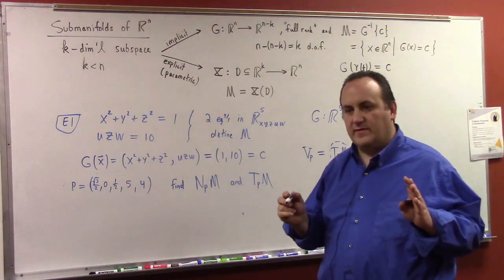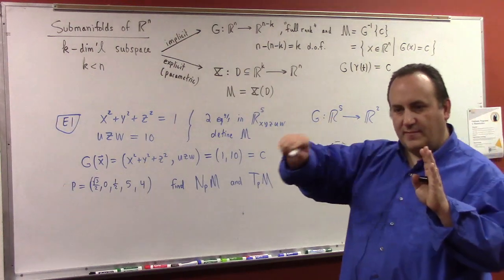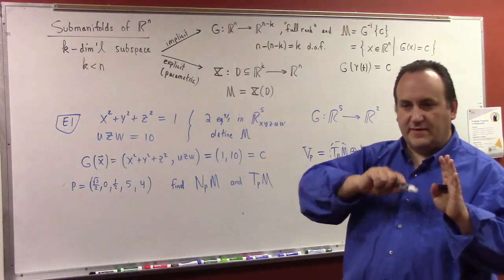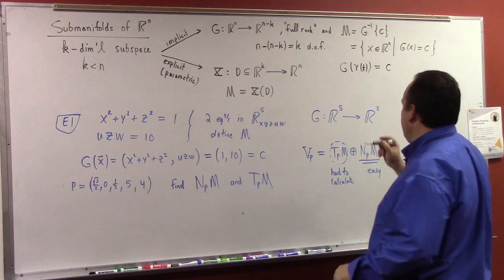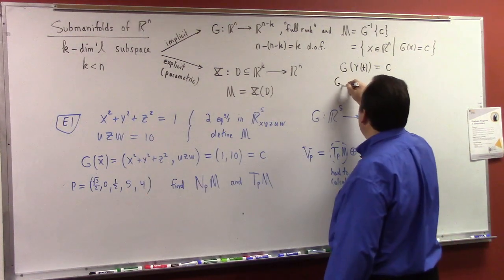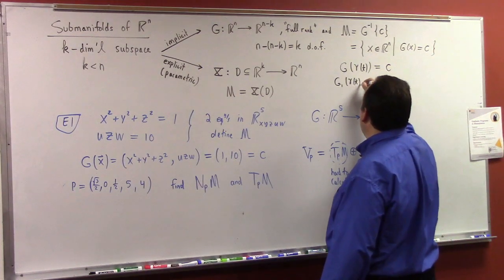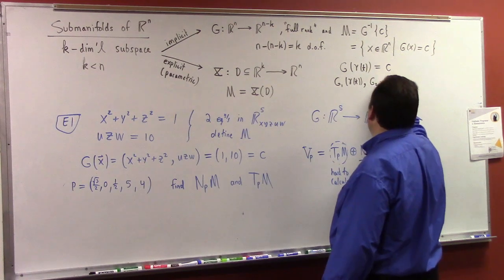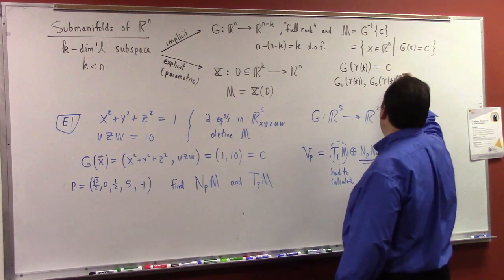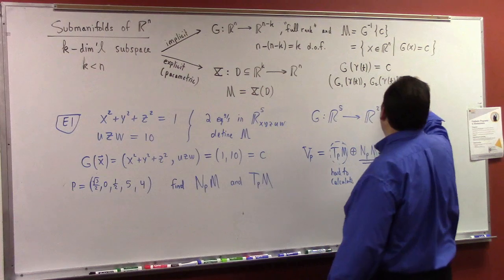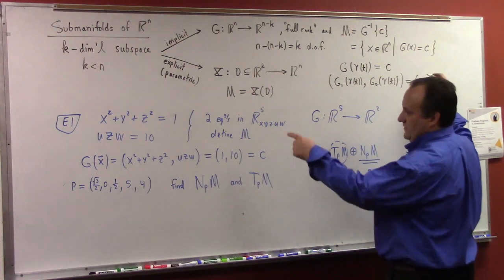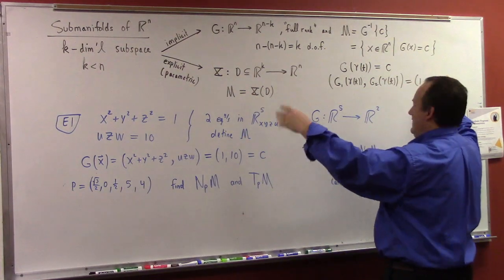In other words, I'm supposing we have a curve that is on our manifold, on our k-dimensional space. That means that G1 of gamma of t and G2 of gamma of t actually give me, in this particular example, 1 and 10.